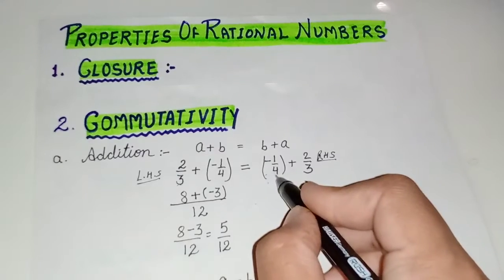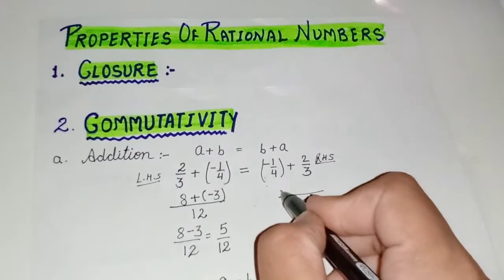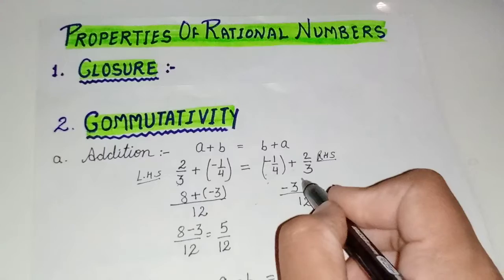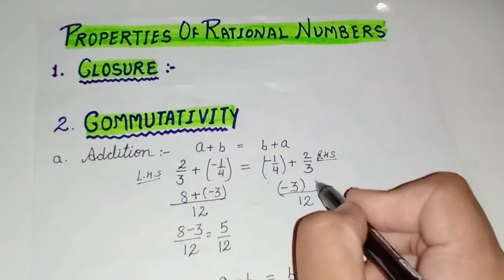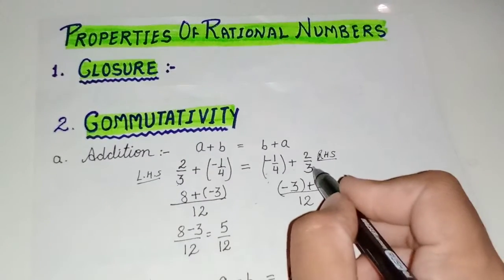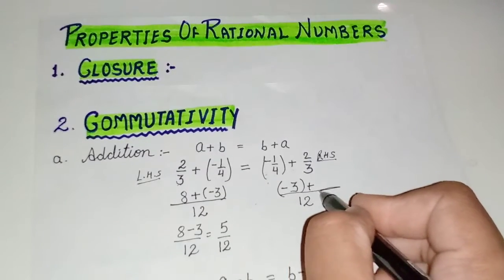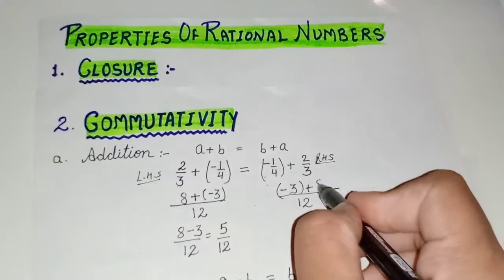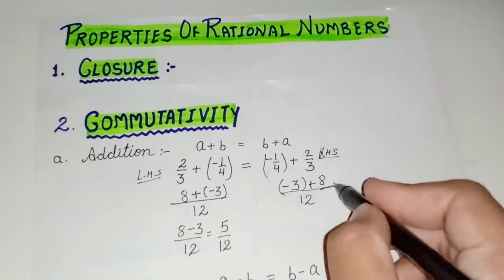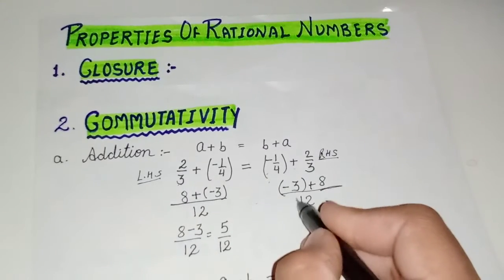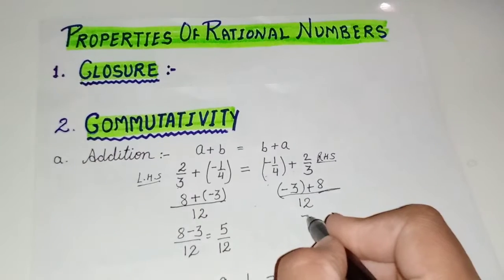This needs to be multiplied with 3. Minus 1 into 3 we get minus 3. Plus, it needs to be multiplied with 4 to make it 12. So the numerator also. So 2 fours are 8. Minus 3 plus 8 we get 5 here.